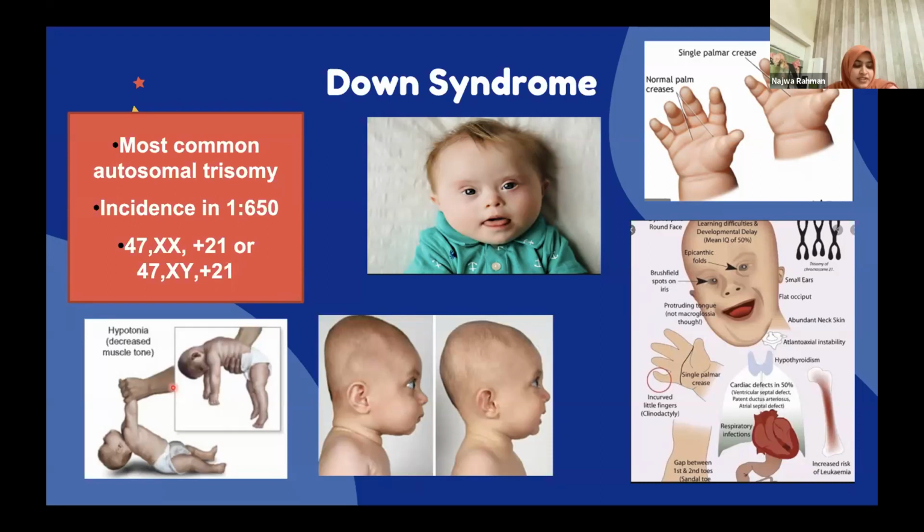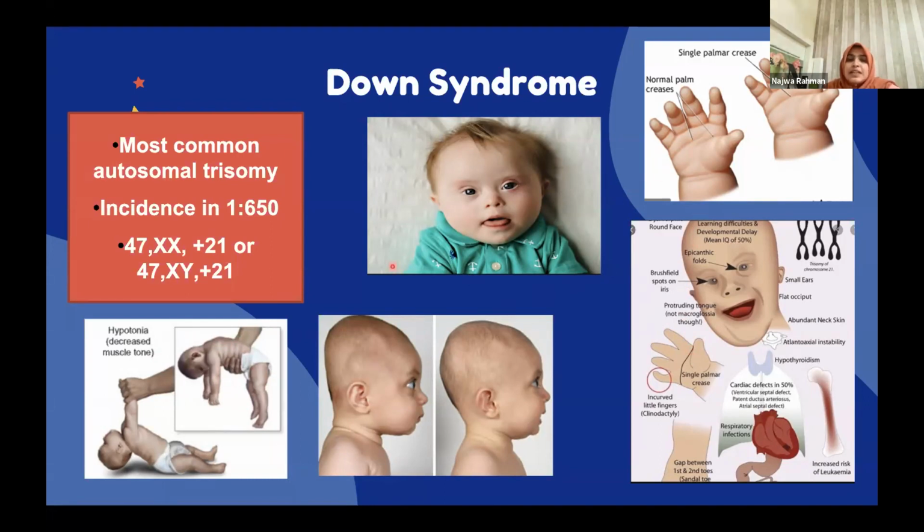Most affected infants are hypotonic, which means the baby will have low or decreased muscle tone. Other useful clinical signs of Down syndrome include a flat occiput, single palmar creases, an incurved fifth finger, and a wide sandal gap between the big and second toe.